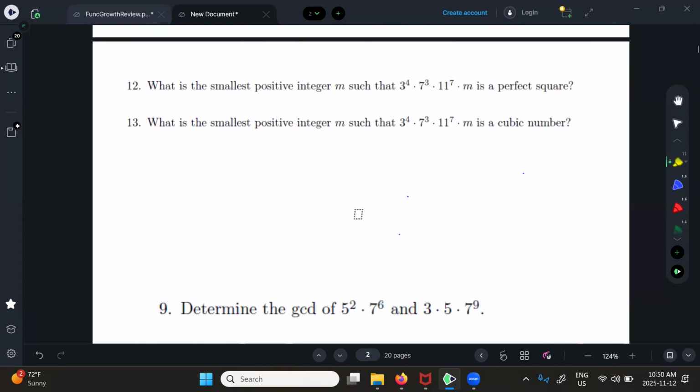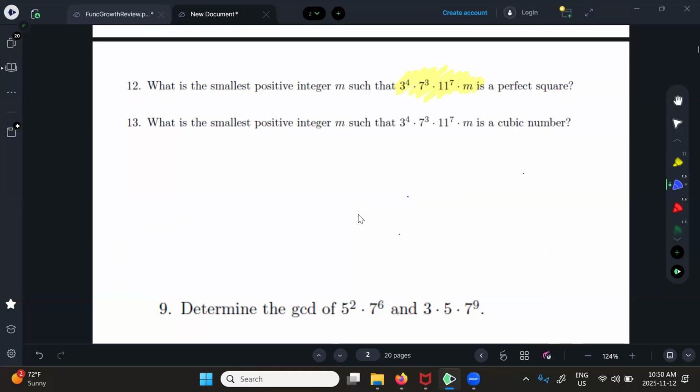What is the smallest positive integer m such that this number right here on your screen, taken from the Math 243 PDF, is a perfect square? What is a perfect square? That you can take a square root of, right? So each power should be a multiple of 2.